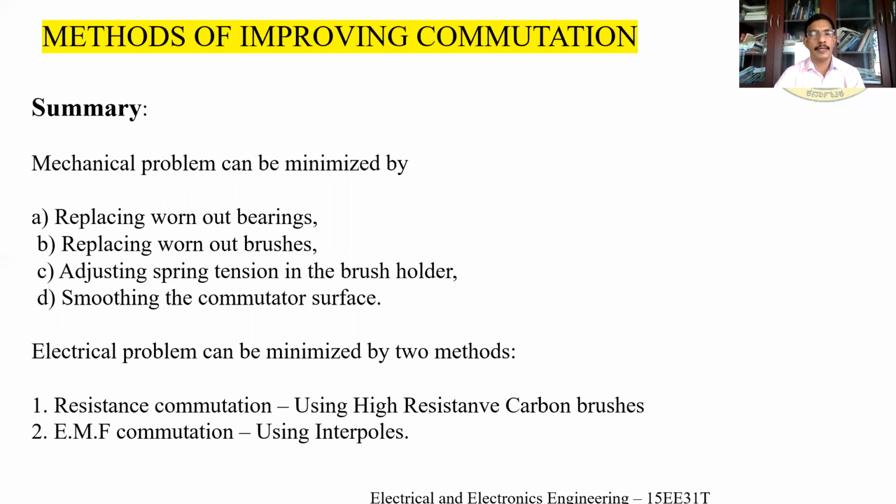Electrical problems can be minimized by two methods: resistance commutation by using high resistance carbon brushes instead of copper brushes. Another method is EMF commutation using the interpoles.